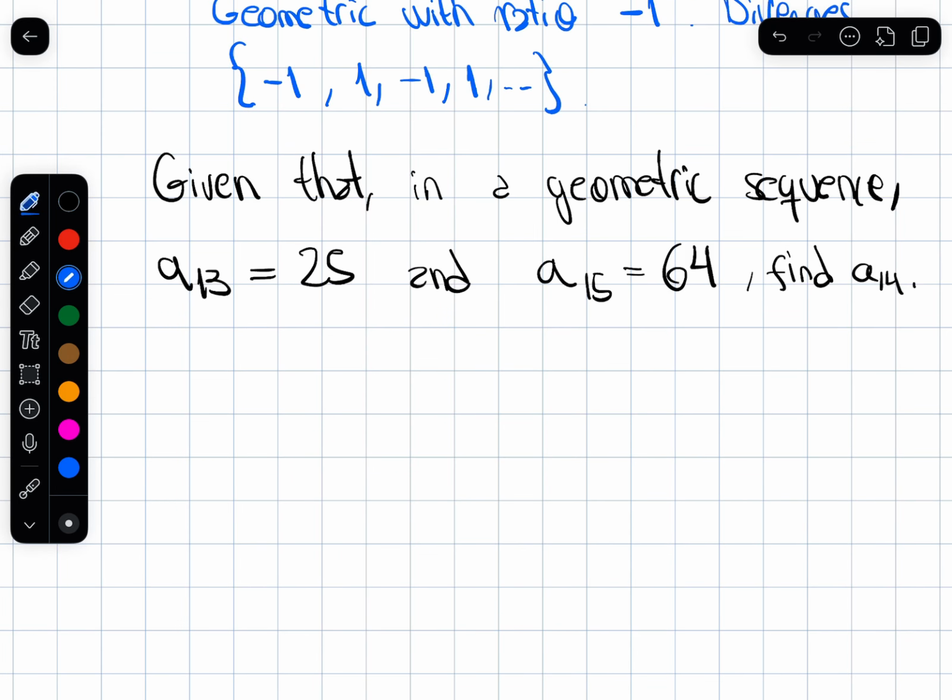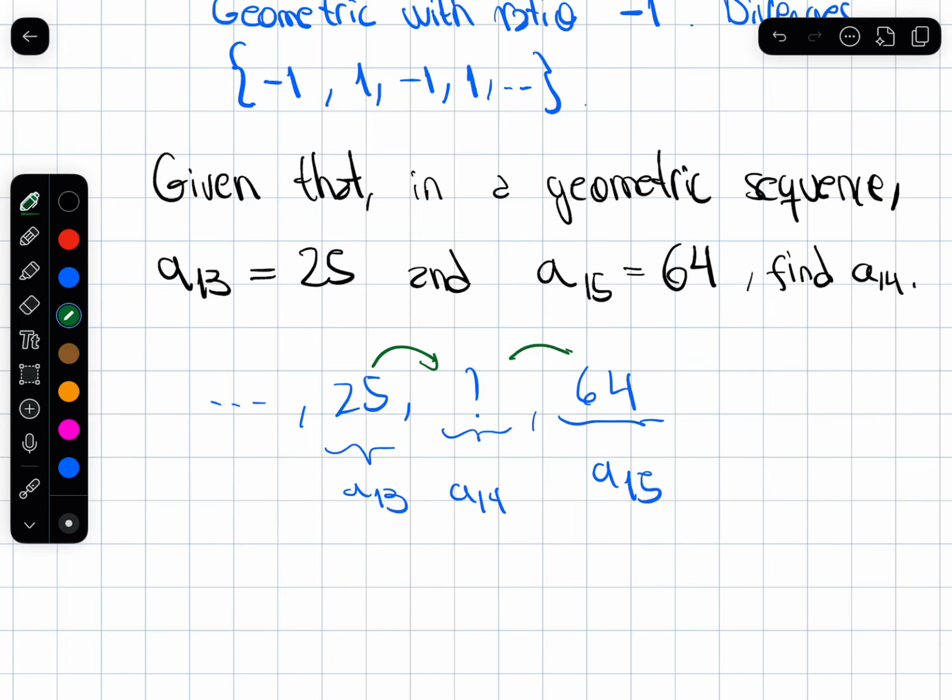In fact, I can, because I know that once I get to 25, that's a_13, and a_14 is not known, but a_15 is known. And I know that to move from one term to the next, I have to multiply by r. So that means I took 25, multiplied by r, and then multiplied by r again to get 64.